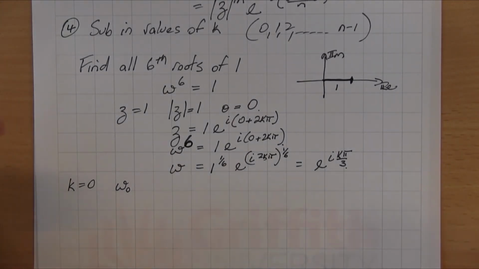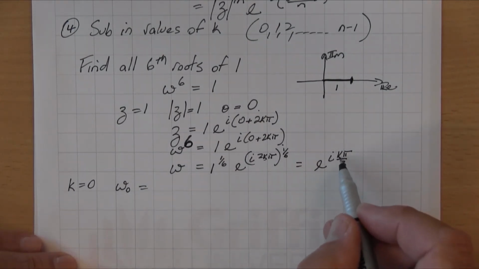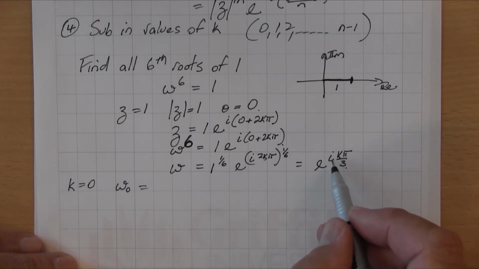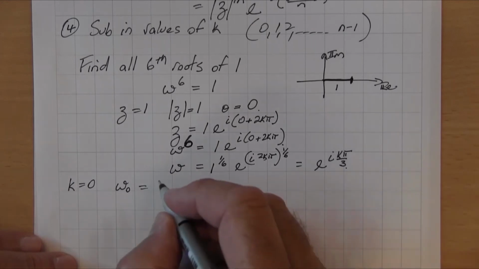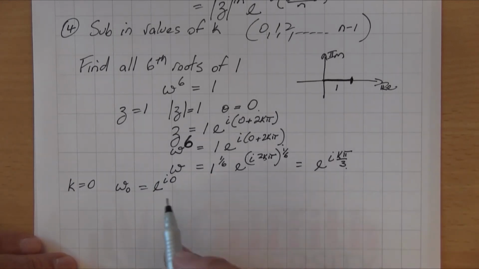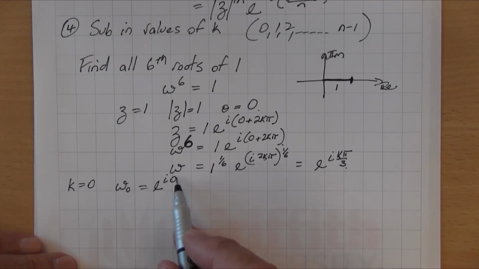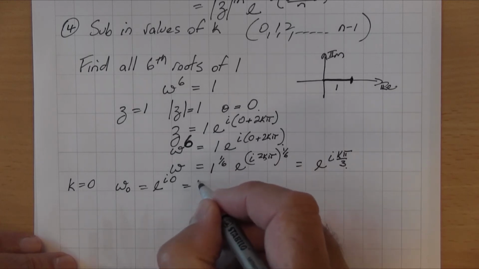We're going to have 6 of them, so we'll have w0 to w5. And we're going to put k equals 0 there. So that's e to the i 0, and i times 0, anything times 0 is 0, and e to the power of 0 is equal to 1.